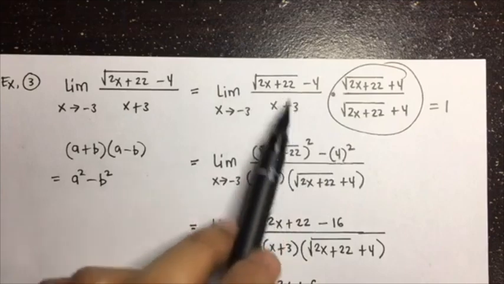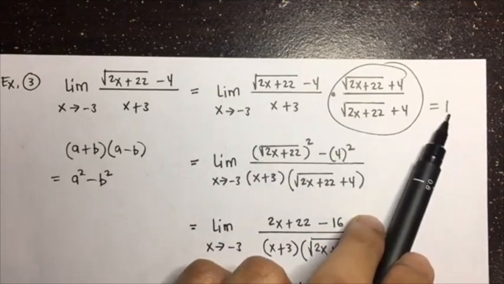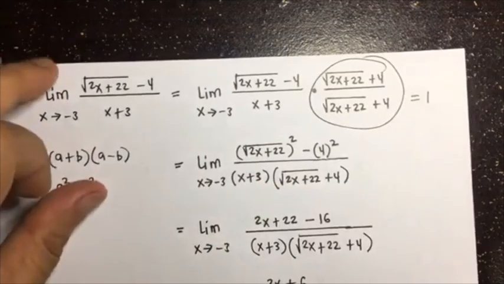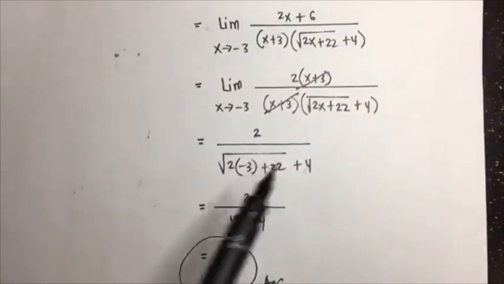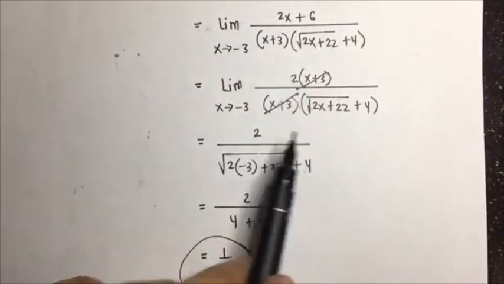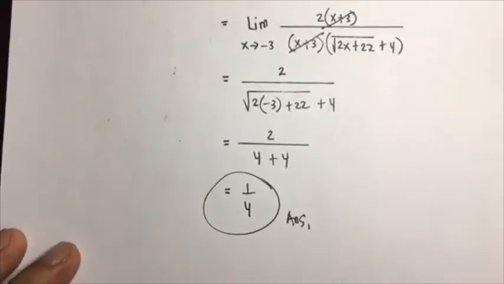So the value is still the same because we have only multiplied it by 1. Although it looks different, the values are the same.